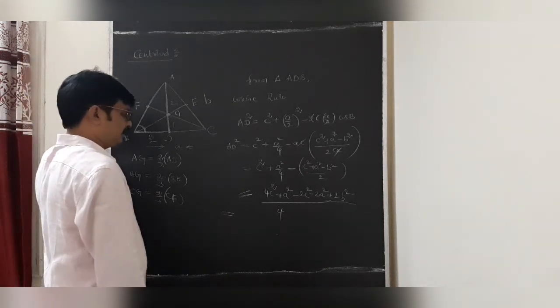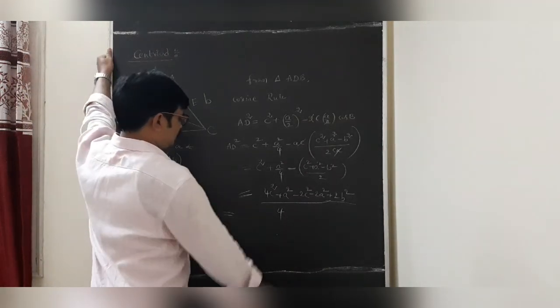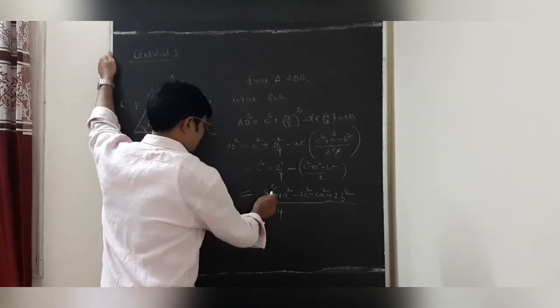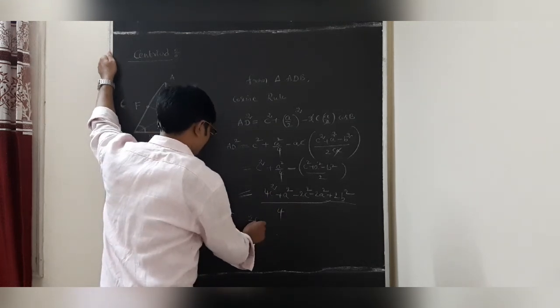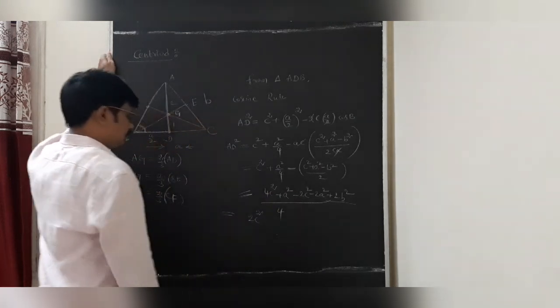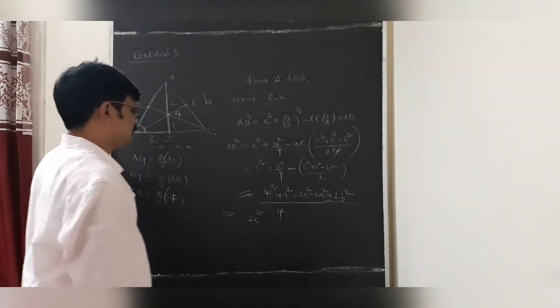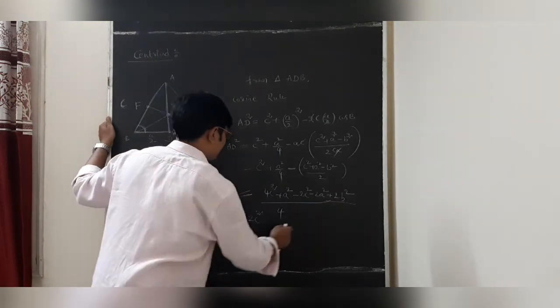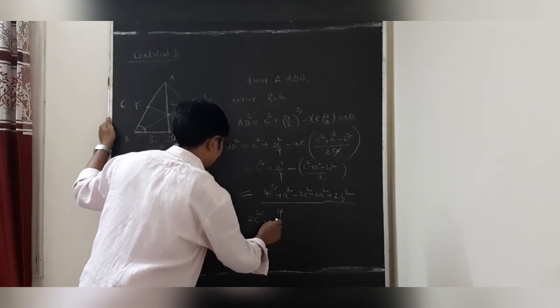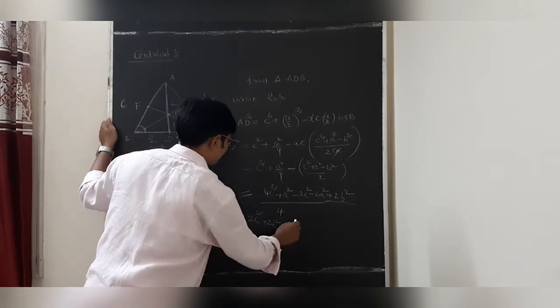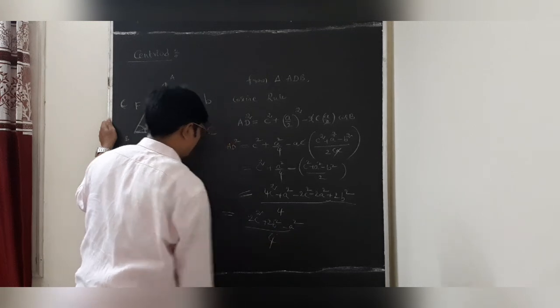Now we observe, students. First there is 4c square minus 2c square, that is 2c square. So, dear students, after that you can observe 2b square is there. And students, a square minus 2a square is minus a square upon 4.